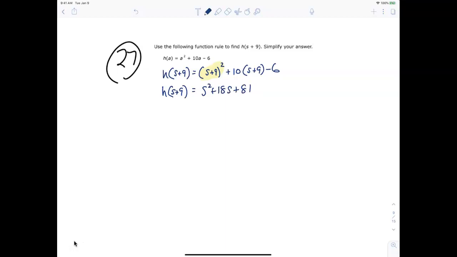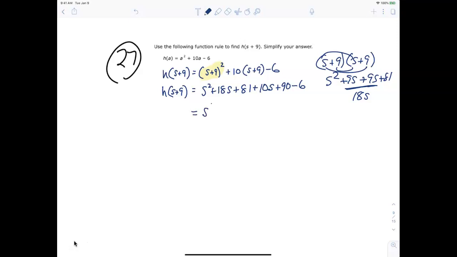Now don't tell me how you got that, because that means you don't know that s plus 9 times s plus 9 is s squared plus 9s plus 9s plus 81. So that's your 18s, plus 10s plus 90 minus 6. Now we combine terms.